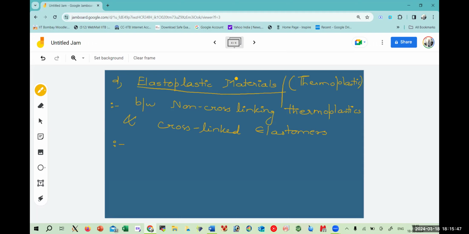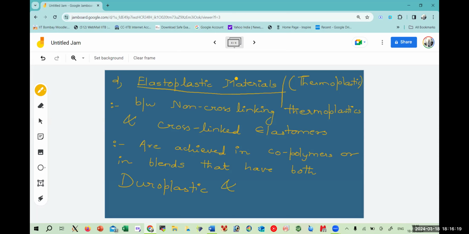Second, they are achieved in copolymers or in blends that have both duroplastic and elastomeric domains.